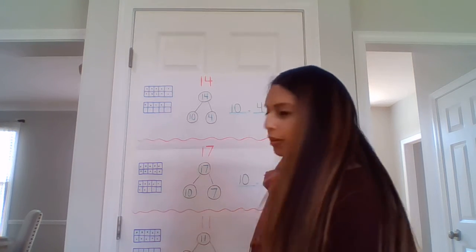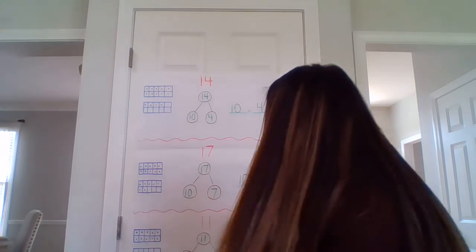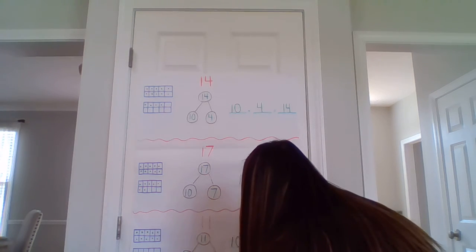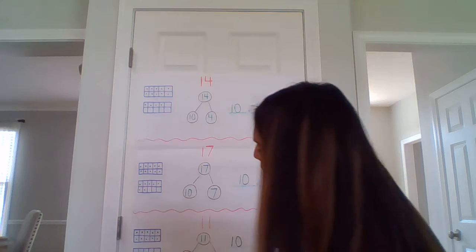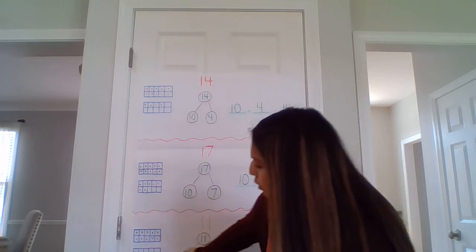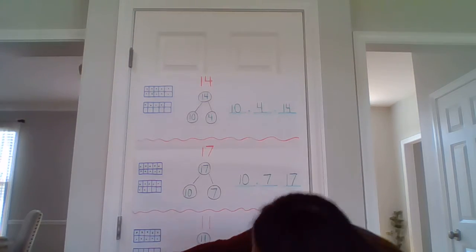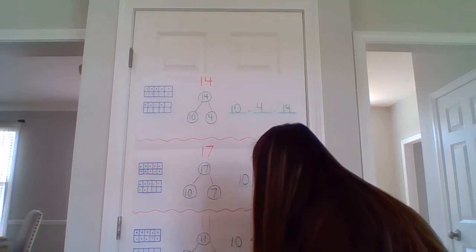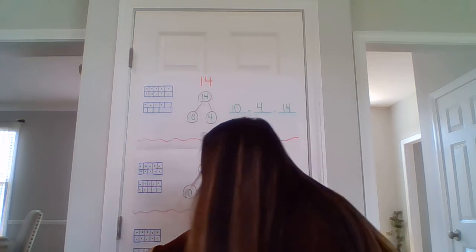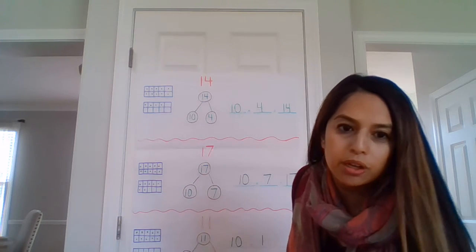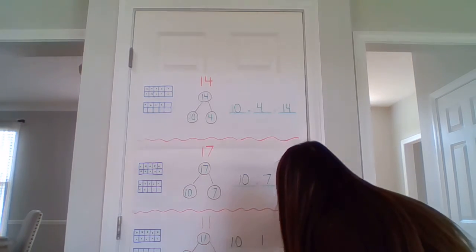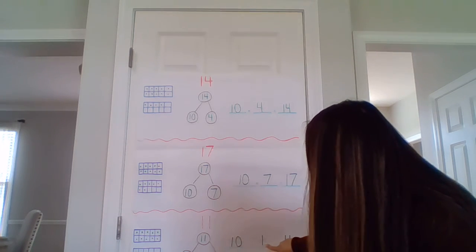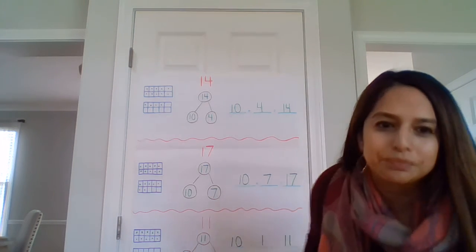And then when I go into my equation, again, one of my parts is going to be 10. Plus, I can look in my number bond, or I can look in my 10 frame, and I see that I have 1. 1 in my parts, 1 in my 10 frame. And all together, we know we're working with the number 11. So my equation says 10 plus 1 equals 11.